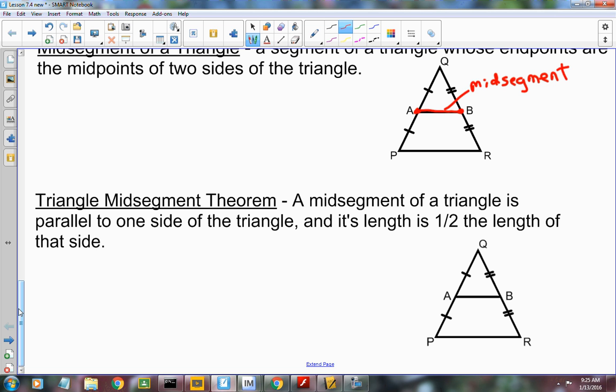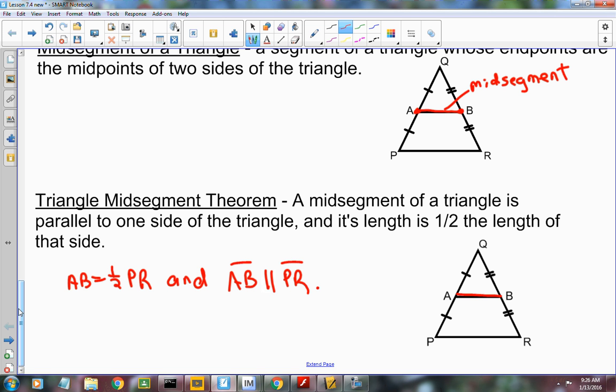So, again, this is my midsegment right here, and it says that this is half the length of PR. So AB is half the length of PR, and it's parallel to PR. So its length is half that of the third side, and it's parallel to the third side.